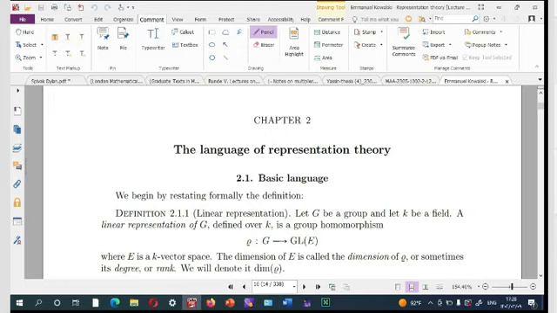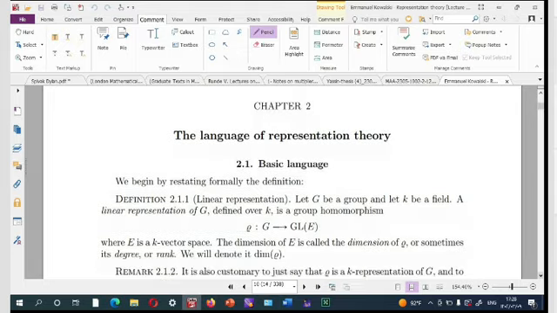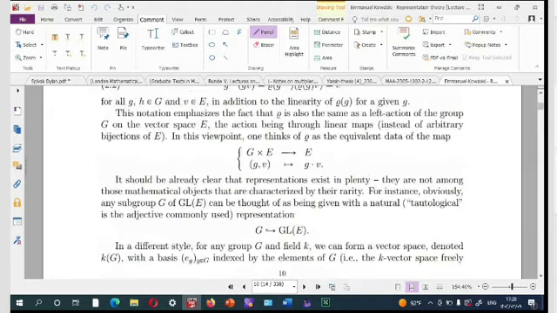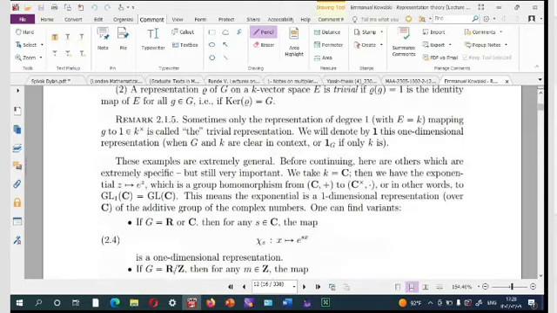So the dimension of this representation is the dimension of this vector space. And we see that in this example, all vectors.